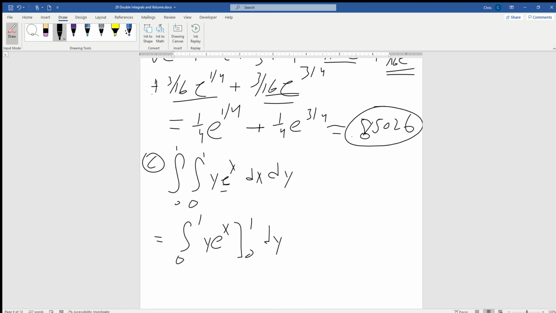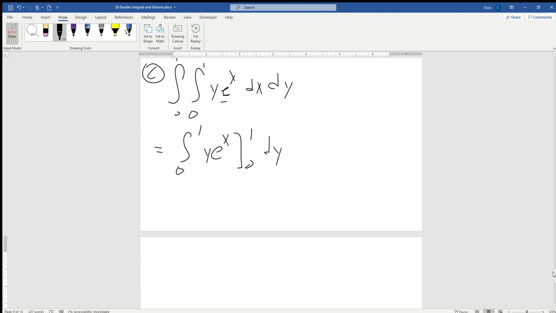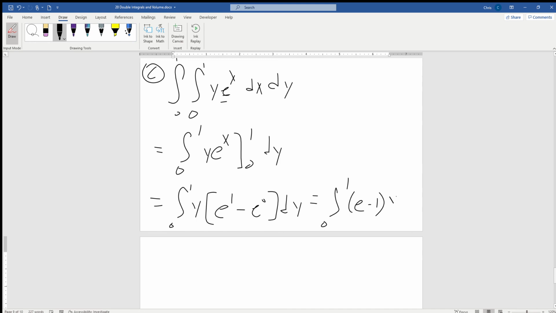Notice that the 0 does not cancel out the transcendental. So that's going to be equal to integral 0 to 1 of y times e to the first minus e to the 0 dy. Or integral 0 to 1 of e minus 1 times y dy.